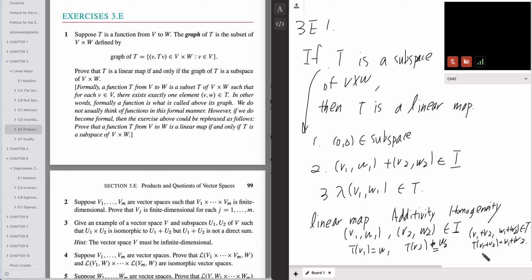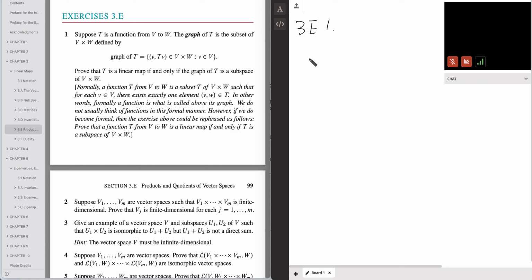And then you proceed this way by showing that the graph of T is a subspace, then for arbitrary T v1 equals w1, T v2 equals w2, T of v1 plus v2 equals w1 plus w2, because (v1 plus v2, w1 plus w2) is a coordinate which is in the graph of T, which is from the property of the subspace. And homogeneity follows very similarly.